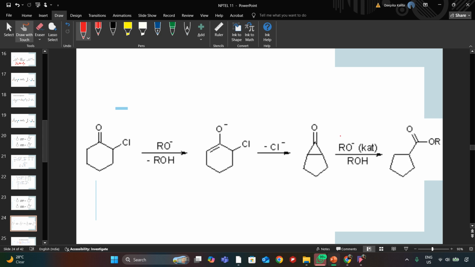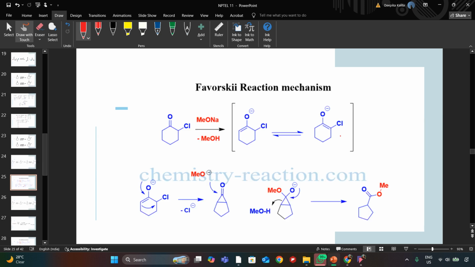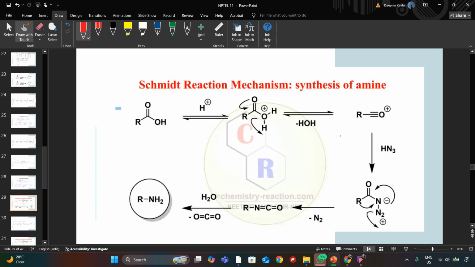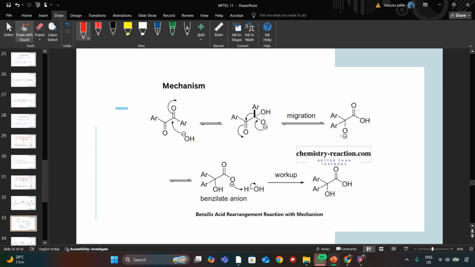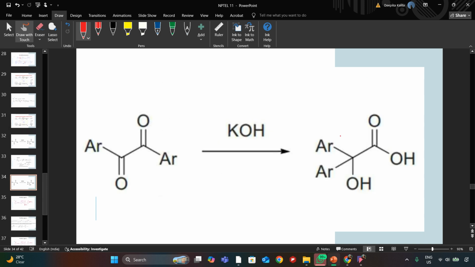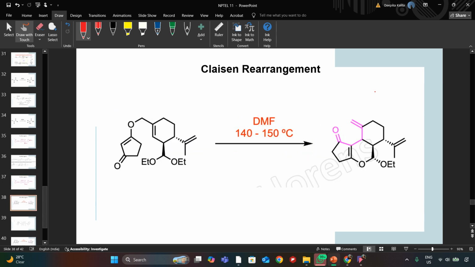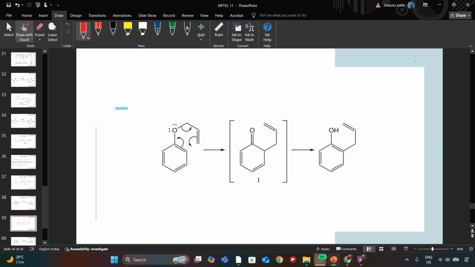After Beckmann rearrangement, we also discussed Favorskii rearrangement, where the alpha haloketone was getting converted to an ester. Along with Favorskii, we also discussed Schmidt reaction mechanism and benzilic acid reaction mechanism. We had also discussed Fries rearrangement and a very similar Claisen rearrangement, where 3,3 sigmatropic rearrangement reaction was involved as the mechanism.